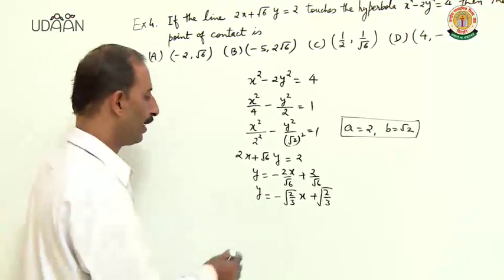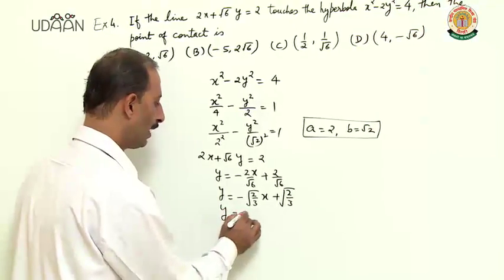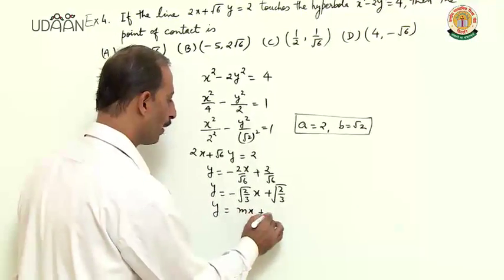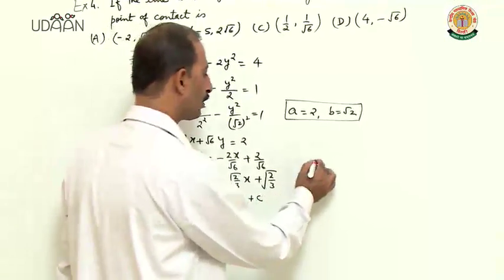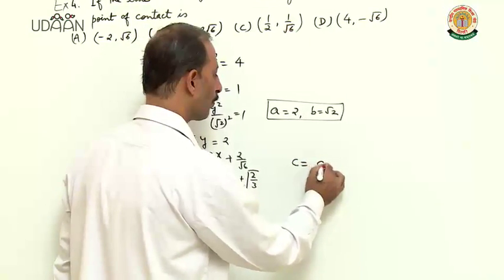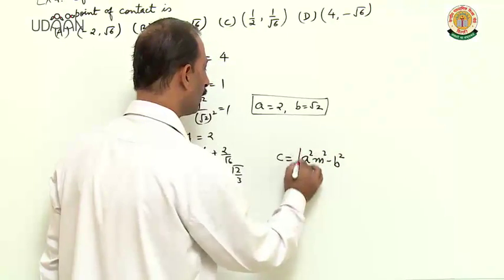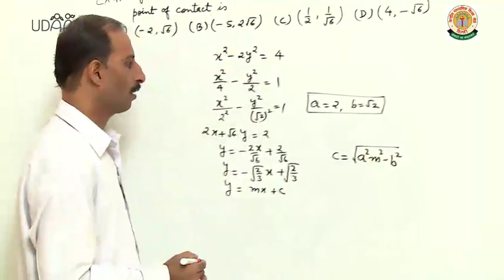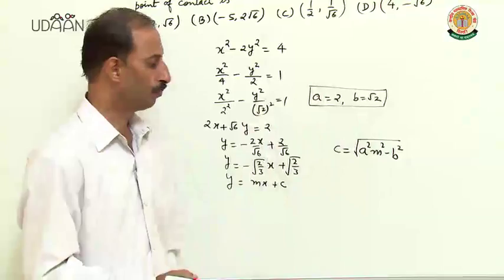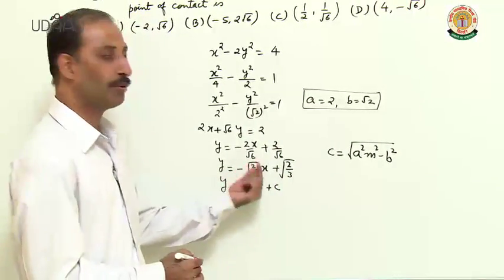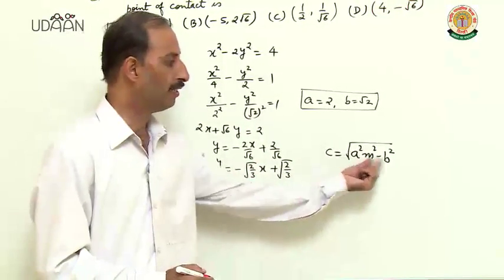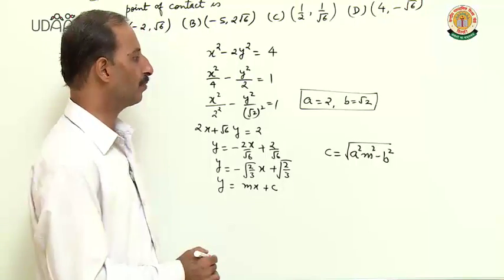If we compare this with y is equal to mx plus c, the value of c should be square root of a square m square minus b square. A and b you know, and the values of c and m you know. Apply here, you can check the condition.